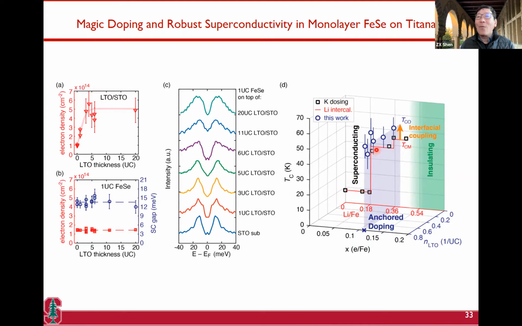Our work suggests that it doesn't matter how many carriers are in the substrate, the doping in the system appears to be completely anchored, and so is the superconductivity. This also explains why in the literature there are so many groups working on film growth, and they always end up with the same doping and same TC in this system. So that is very intriguing.